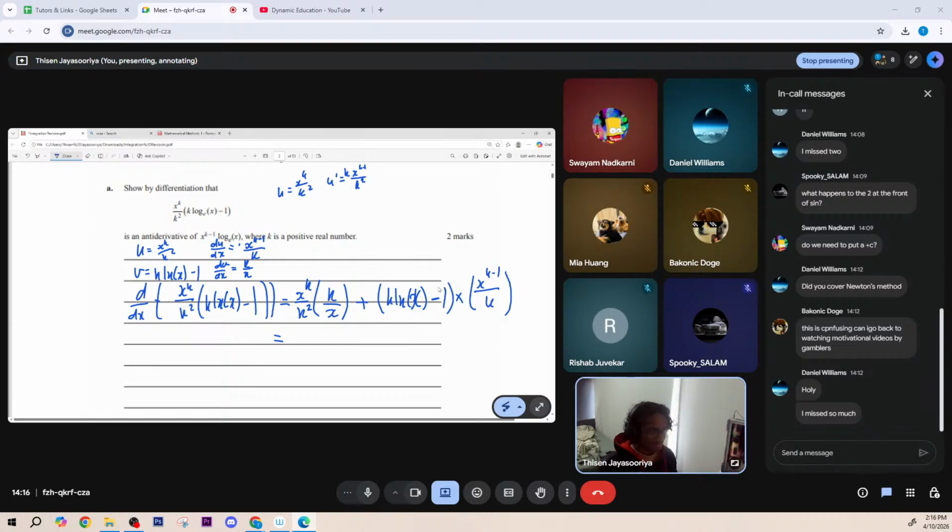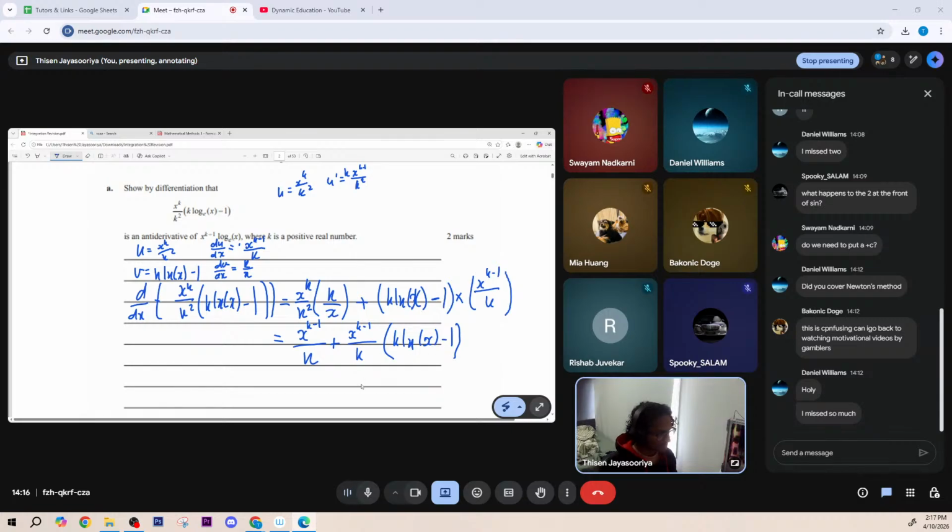Yeah. So here, do we see that this one can simplify down to k x take away 1 over k? This is what you need to know. You guys need to know your index laws. I know a lot of you guys drop the ball on index laws. Don't drop the ball on index laws. They're very useful to know, yeah? And if we expand the brackets, this can be written as k x take away 1 over k, brackets, k ln of x take away 1.